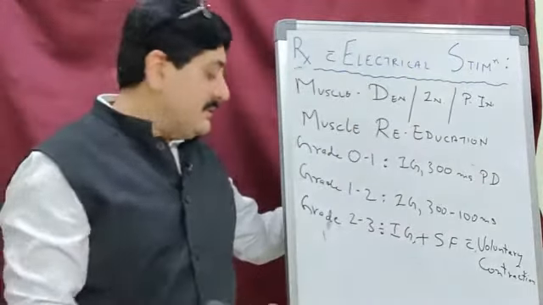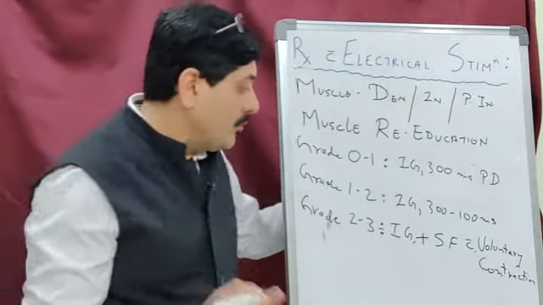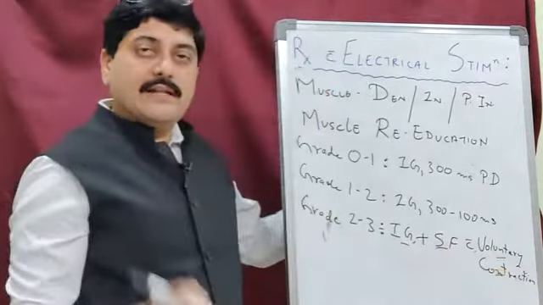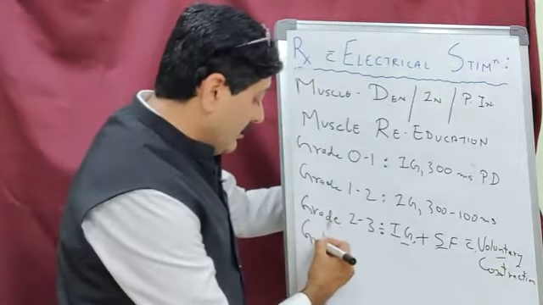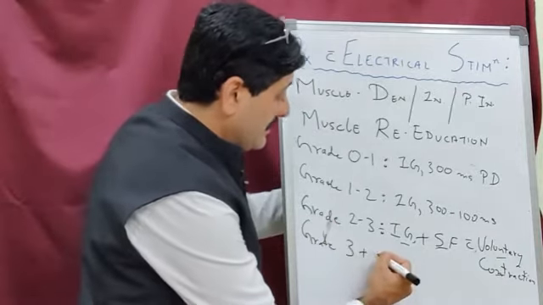As the patient progresses from grade 2 to grade 3 of muscle power, we are going to go for IG plus SF with voluntary contraction, and the same will be continued if the patient goes for grade 3 plus, right?